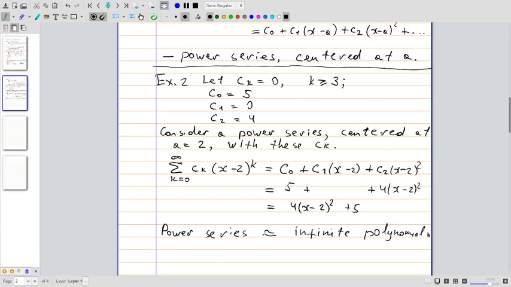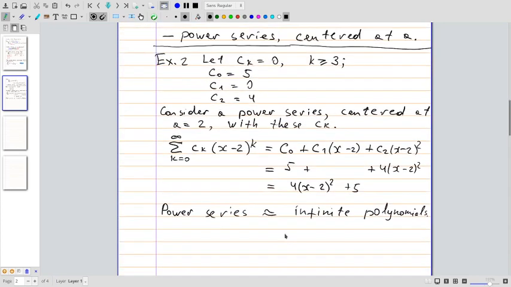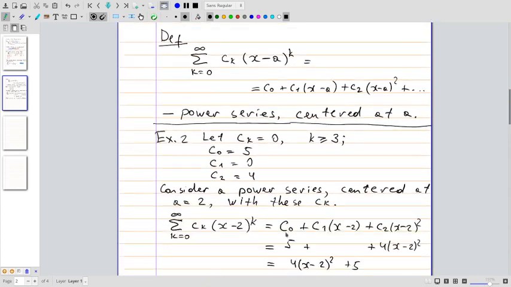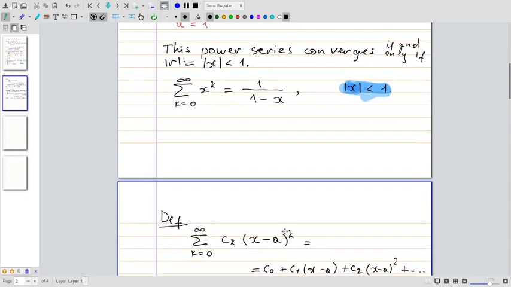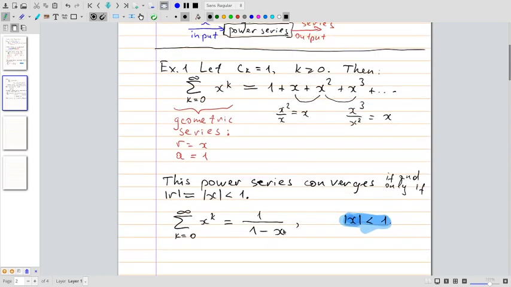And that is another way to look at them. Of course, there are many questions that remain. Just like in this first example, we would like to be able to determine for which x's a power series converges, and if it does converge, what is the function that it defines? We will look into these two questions in subsequent videos.